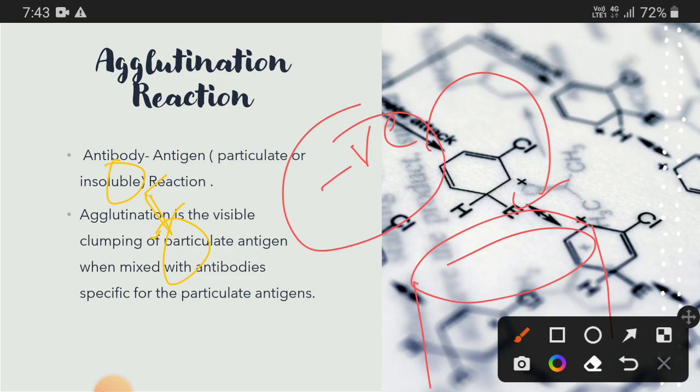So we use the Coombs test to agglutinate those antigens that have a charge on their surface. In that case we simply add an extra anti-immunoglobulin.